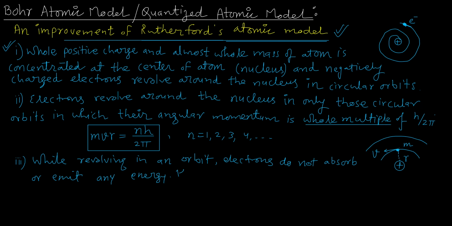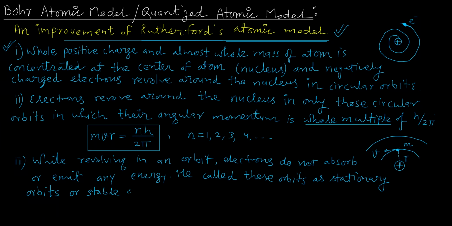So he called these orbits stationary orbits or stable orbits. So electrons do not absorb or emit any energy while revolving in any of these circular orbits. This was also one important point, and it added to the stability of the atom.